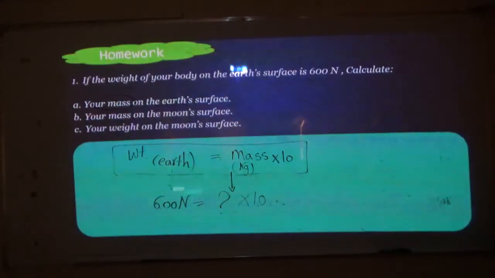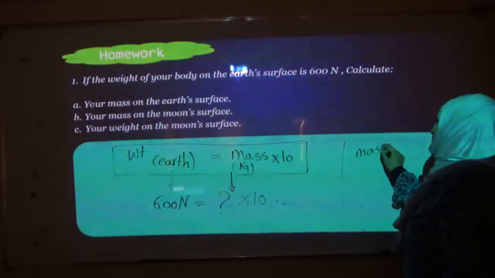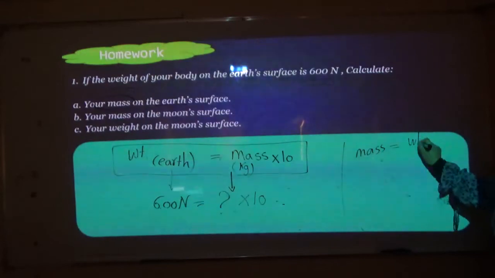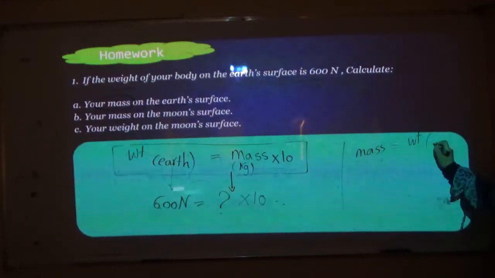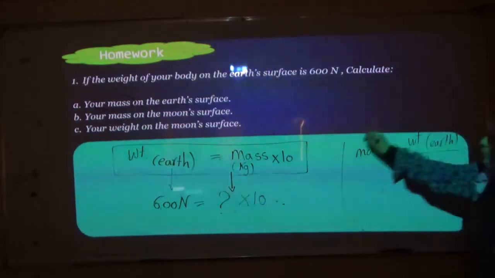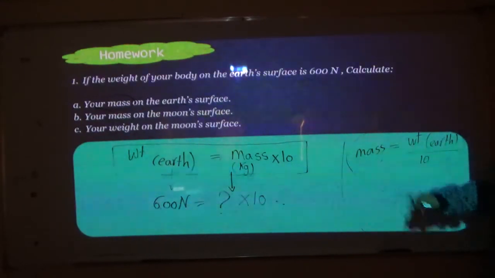So here I can say that mass on the earth equals weight on the earth divided by 10. This is a new rule which will be applied here. This is your first time to apply this rule.